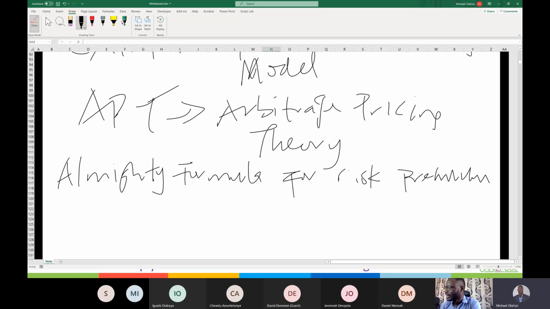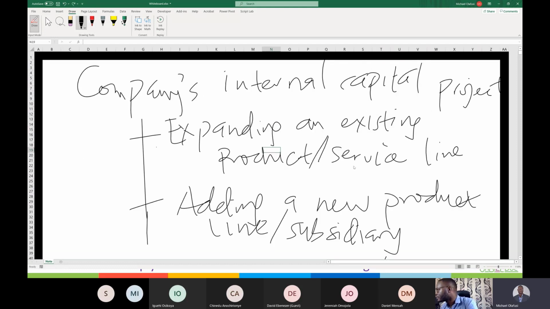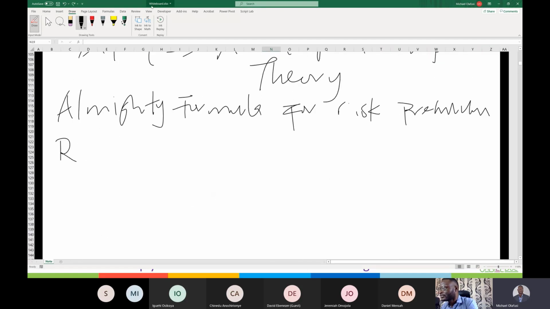Okay, and that formula says that, you know, for your expected return, the return you're expecting, we usually use small r for expected return. Let me just use the eraser.